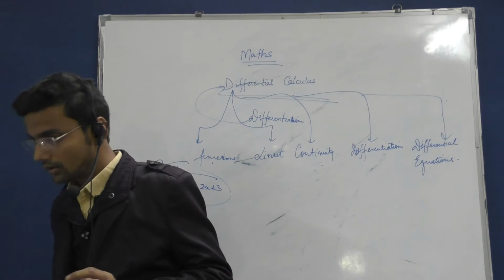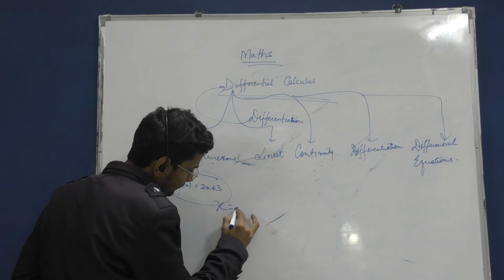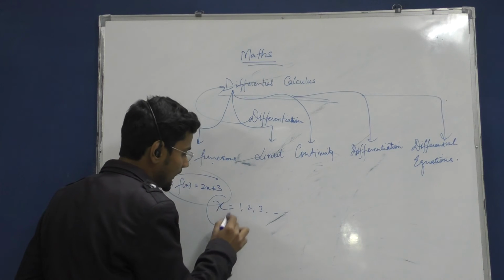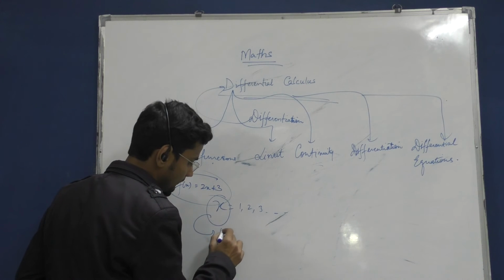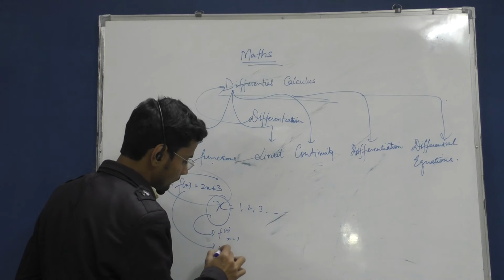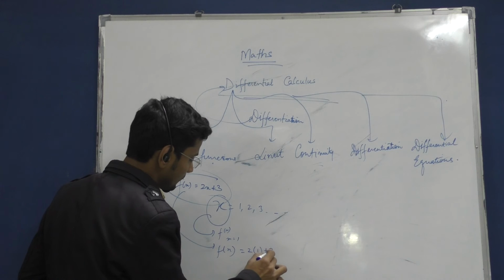So how do we do it? What we'll do is, we'll take some values of x. Let it be x equals 1, 2, 3 or whatever. For every x, there will be an f(x). For example, if I take x equals 1, so f(x) equals 2 into 1 plus 3, that is 5.